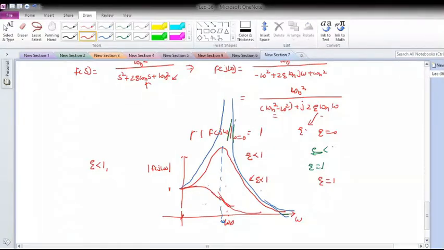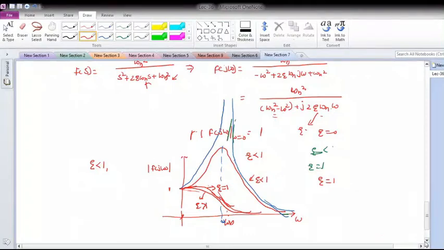And when zeta is greater than 1, there is no peaking at all, like this I will get. Okay, so at zeta equal to 1, I will get maximal flatness, and when zeta is greater than 1, the behavior will be like this, there is no flatness at all. Okay, so this will be the behavior of the magnitude responses for various values of zeta.